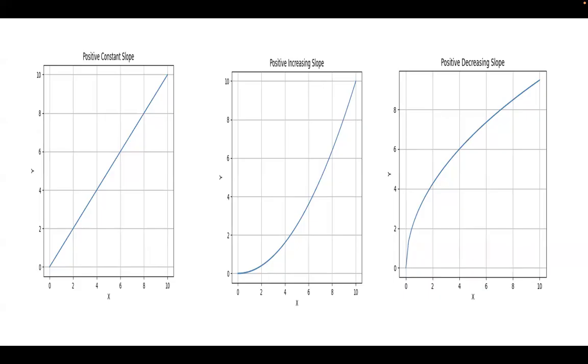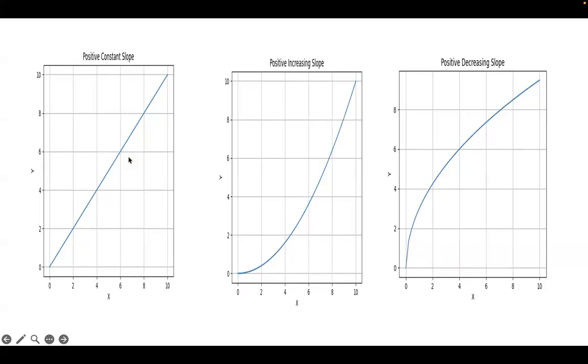if one variable increases, the other also increases. But if the slope or the increase is constant, it means you have a positive constant slope relationship. And if the slope is increasing, you have positive increasing slope. And if the slope is at a decreasing rate, you have a positive decreasing slope.